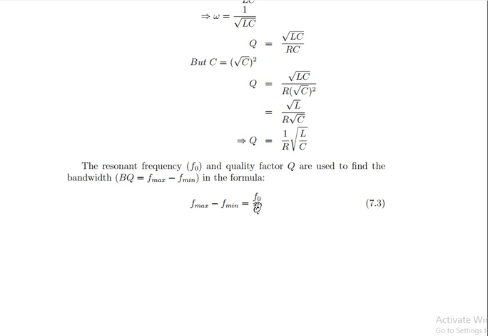So this is going to be f0, and the bandwidth is going to be equal to the f boundaries, which are f max minus f min, and it's also going to be equal to the resonance frequency divided by the quality factor. So we have visualized our AC circuits and what is involved inside.